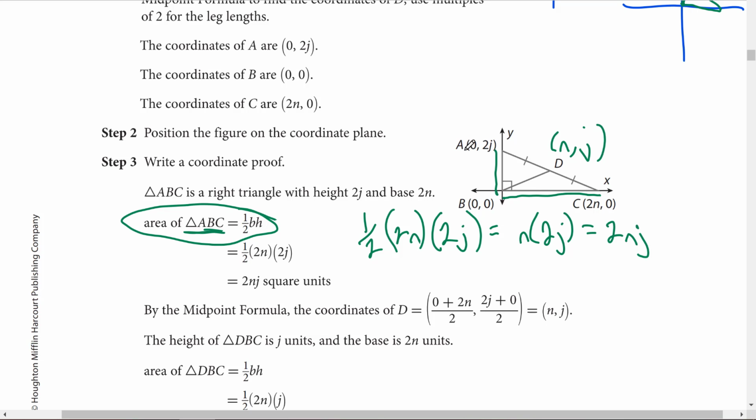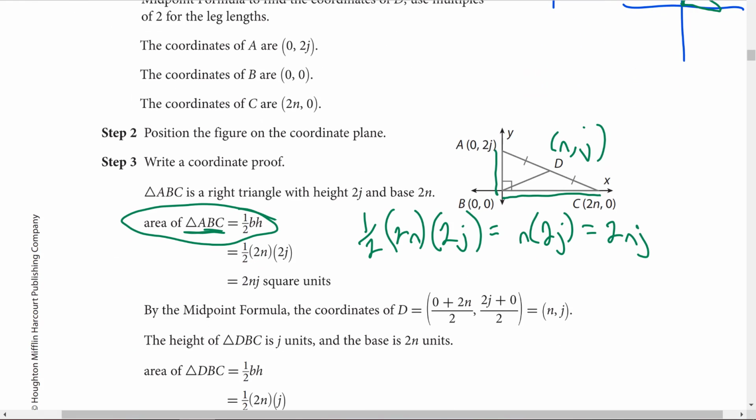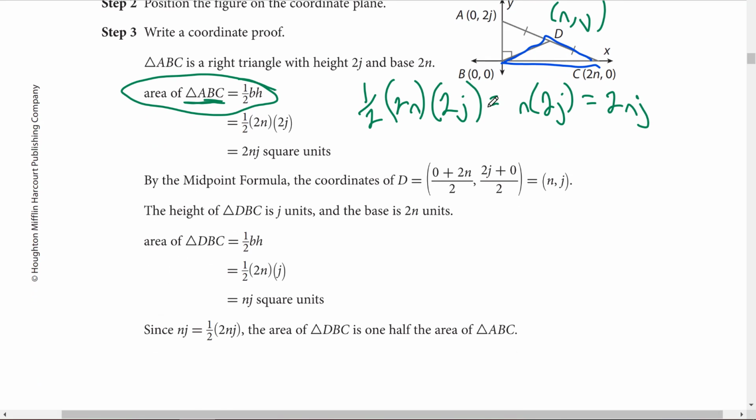I'm going to switch to blue here and do some erasing. The other one they asked us to find was the area of DBC. Well, DBC is this triangle here. And let's take a look at its area. So same formula, 1/2 base times height. So 1/2, the length of my base is still 2n.